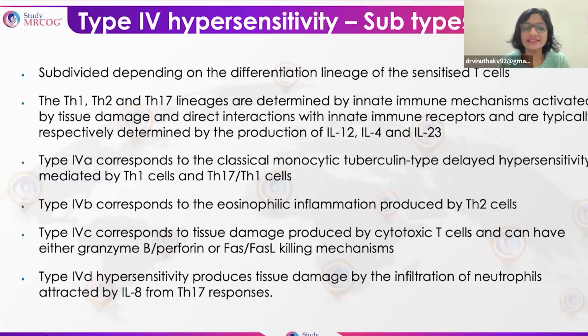Type C corresponds to tissue damage produced by cytotoxic T cells, using granzyme B, perforin, or Fas-like killing mechanisms. Type D produces tissue damage by the infiltration of neutrophils attracted by interleukin 8 from helper 17 responses.